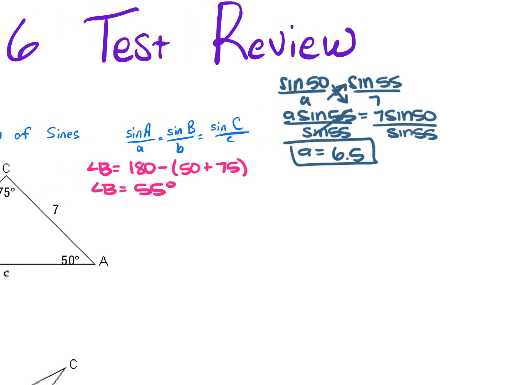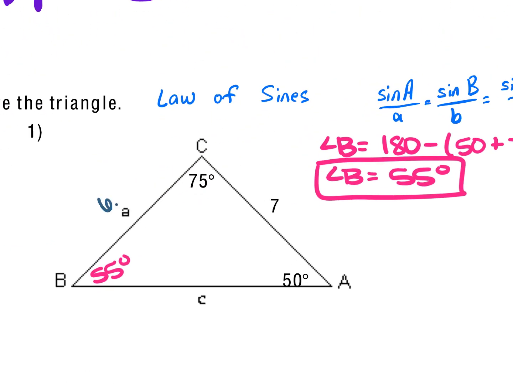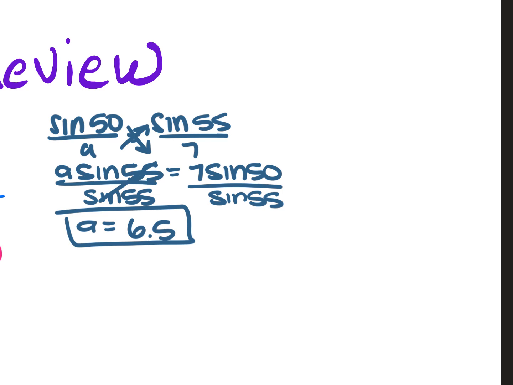And we said that angle B is 55 degrees. So I'm going to just write this in 6.5. So now we just have to find C. So we're going to use sine C, so that's sine 75 over C is equal to the sine of 55 over 7, because that's what's given to us.